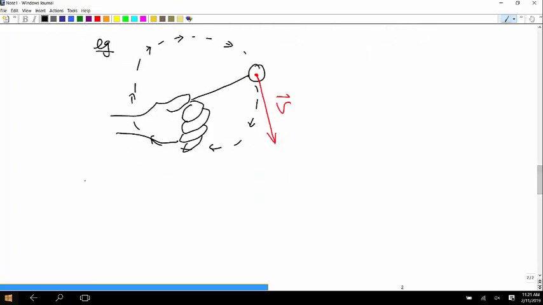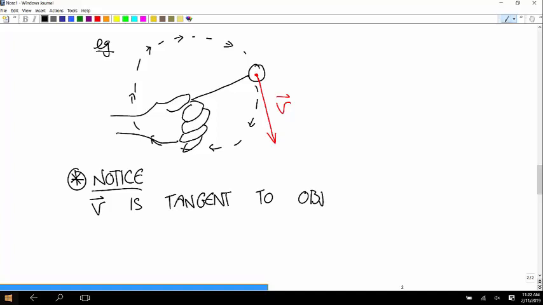One thing I want you to keep in mind, and this is going to be an important thing for understanding this stuff the whole semester, is the velocity vector is tangent to the object's path in the physical world.